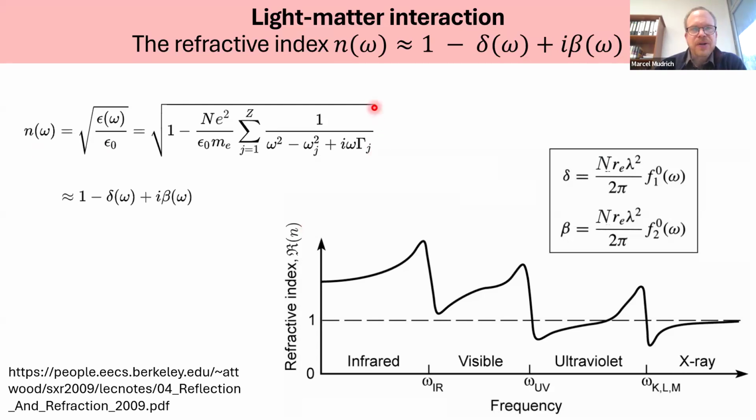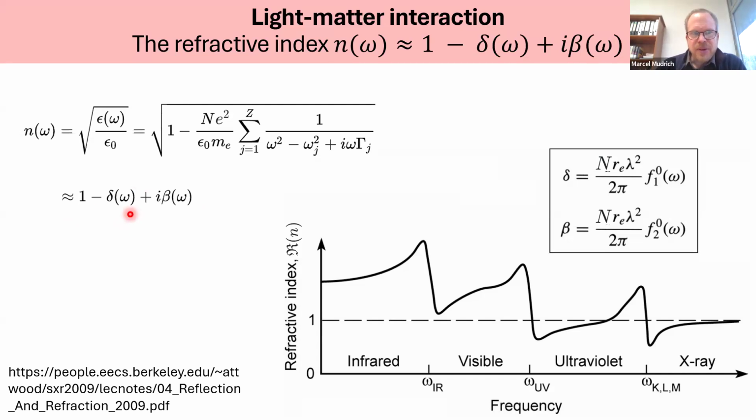It is based on the Lorentz classical harmonic oscillator model that models charges, in particular the electrons in the atoms, as classical harmonic oscillators. Based on this model, we came up with an expression for the refractive index, which is a complex quantity containing a real part and an imaginary part. The real part is typically what we call the refractive index.